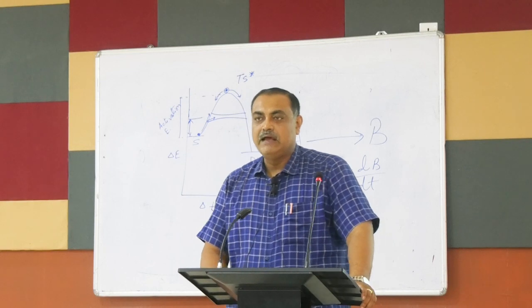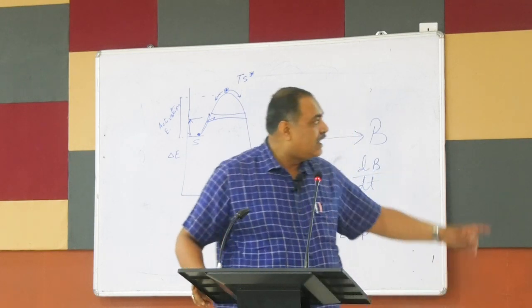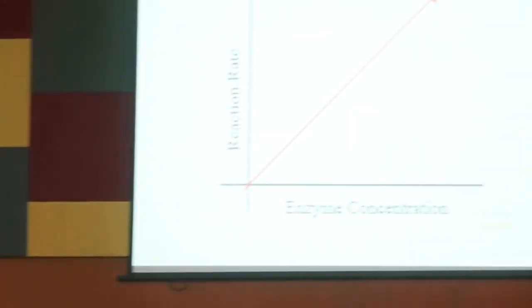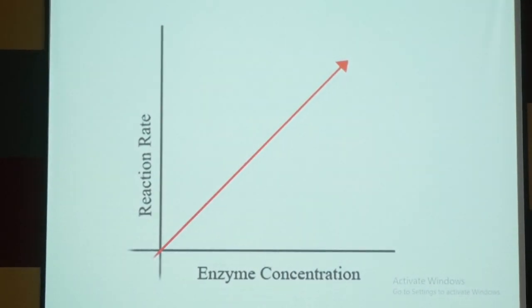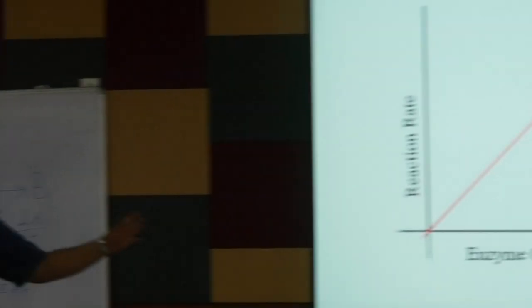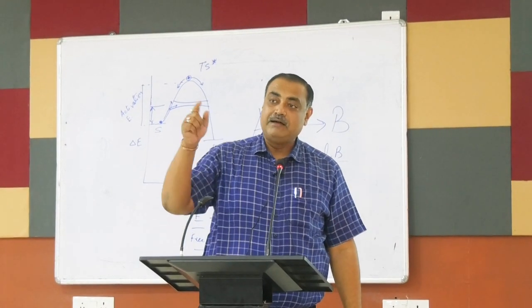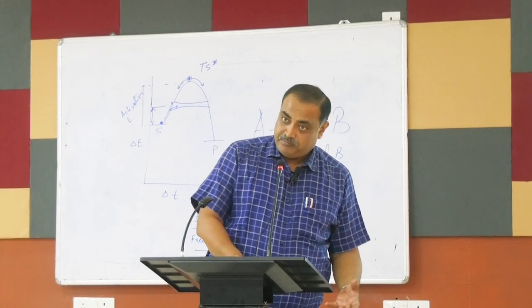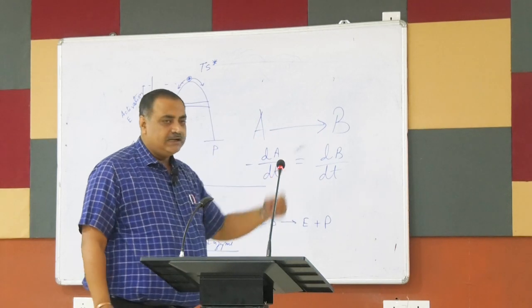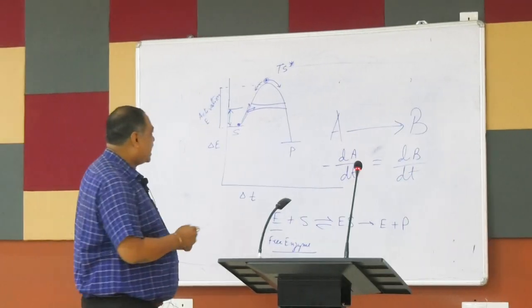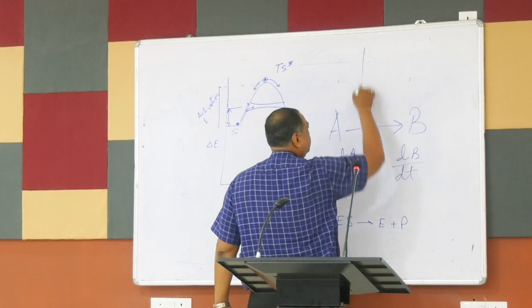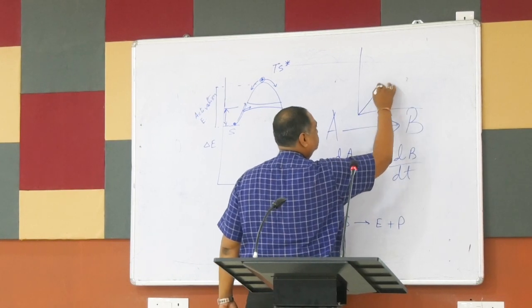That means the amount of substrate, this graph will go on increasing if the amount of substrate is never ending. So what is the limiting factor here? The amount of substrate. So had it been a limited amount of substrate, then this graph would have come to an end like this.